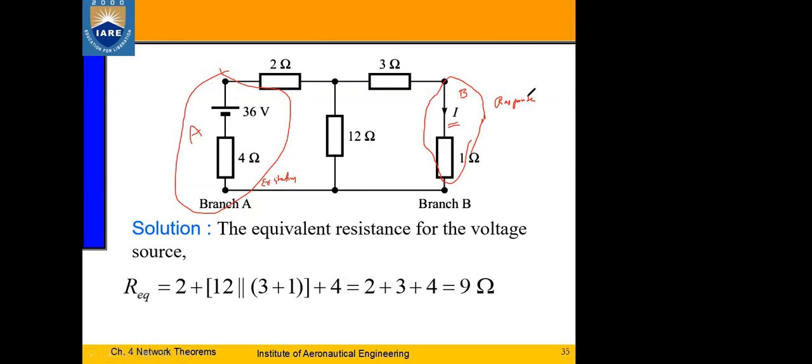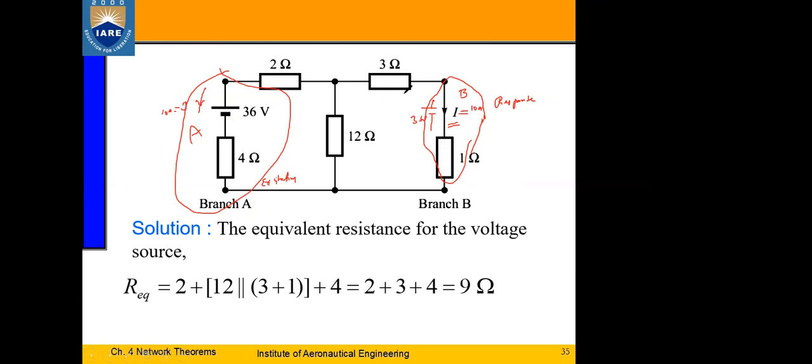That means if due to this voltage of 36 volts I get a current here of 10 amperes, then if I keep the voltage of 36 volts in this branch, I should get a current of 10 amperes here in this branch. That's what the statement means.